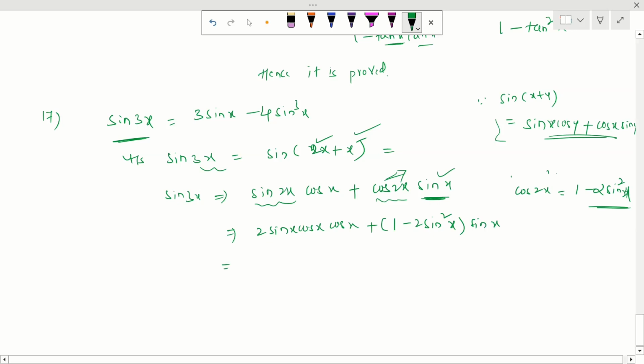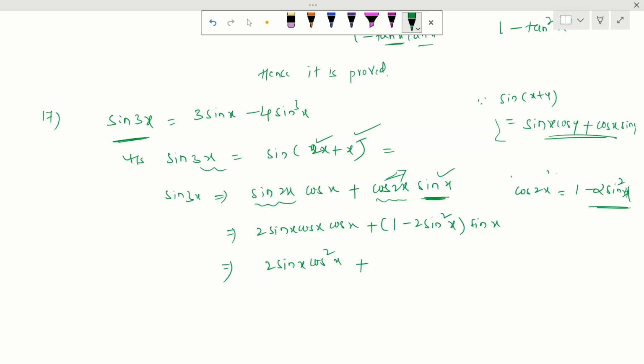Now if we simplify this, this is 2 sin x cos square x. Then this other part, if we multiply sin x by 1 minus 2 sin square x, sin into 1 is sin x, and sin into minus 2 sin square x is minus 2 sin cube x.